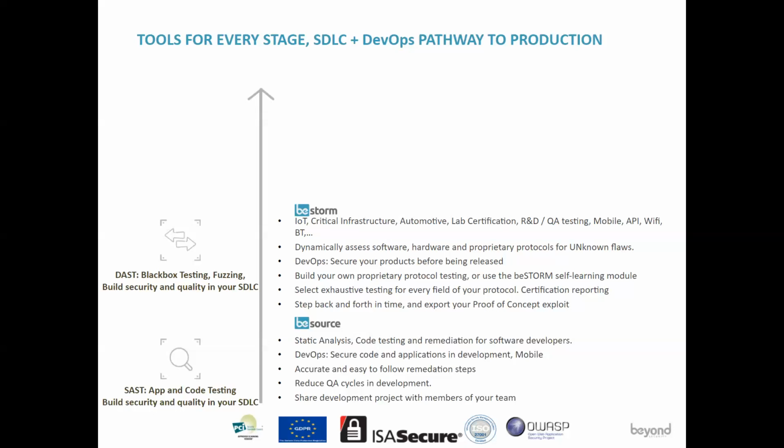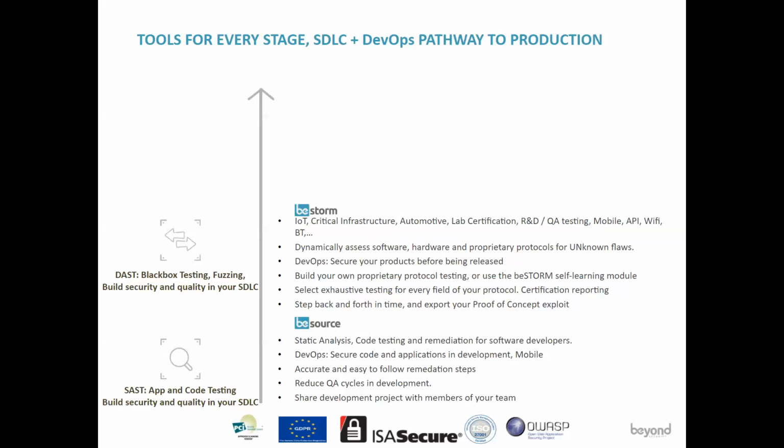I don't really know what vulnerabilities this product has. I try to test it with some generic testing and looking for CVEs and so on, but I haven't really found anything because this product doesn't use very common methods, or it's not very well distributed. So there are not a lot of CVEs published for it. Then in this case, beStorm will be the right thing to choose, because beStorm will actually find you 0-day vulnerabilities.